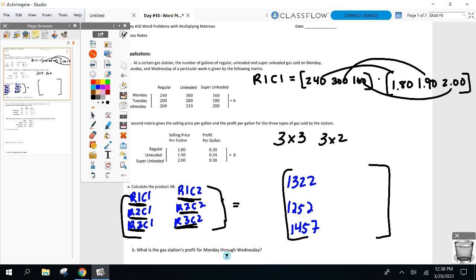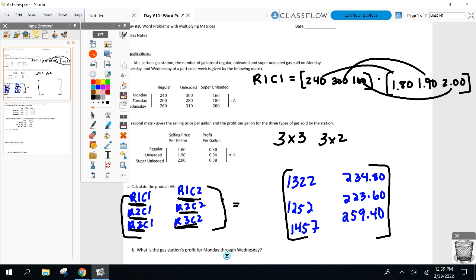Second column, I got 234.80, 223.60 and 259.40. Anybody need any detail where those numbers came from? Anything not look right on yours?